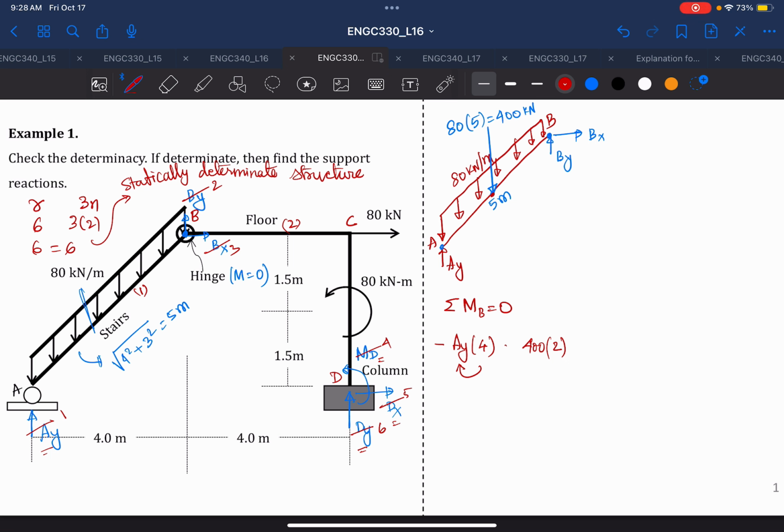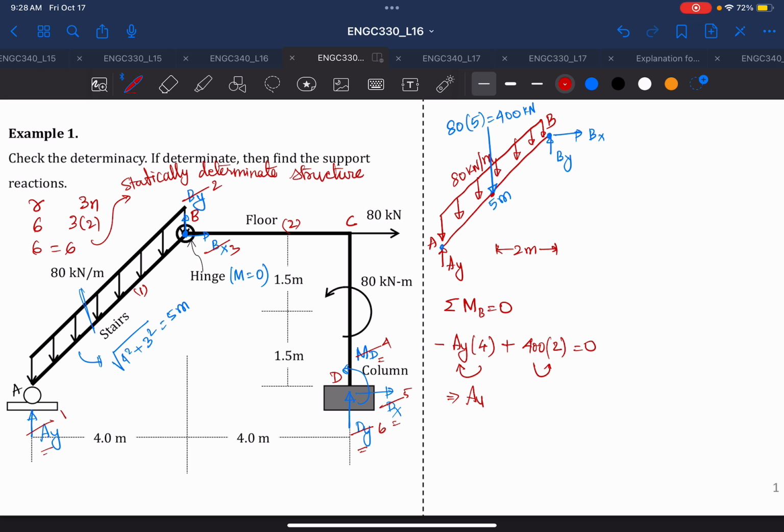Like I said, it will act exactly at the middle, so this will be from here to here is 2 meter. Because this is counterclockwise, it will be positive, equal to 0, because there's no more force that will apply moment at B.